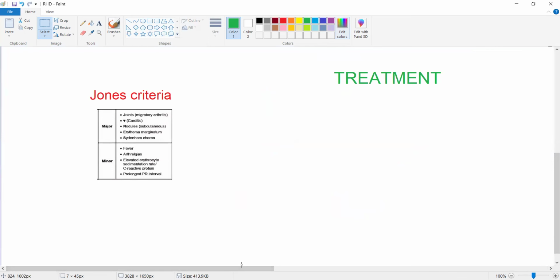Okay, so this is the Jones criteria. The Jones criteria is used for the diagnosis of rheumatic fever. These are the major and these are the minor criteria. Major include joint involvement, carditis, subcutaneous nodules, and erythema marginatum.